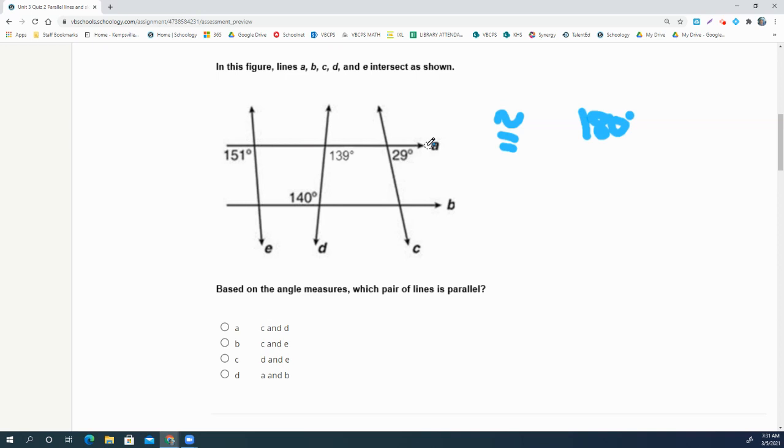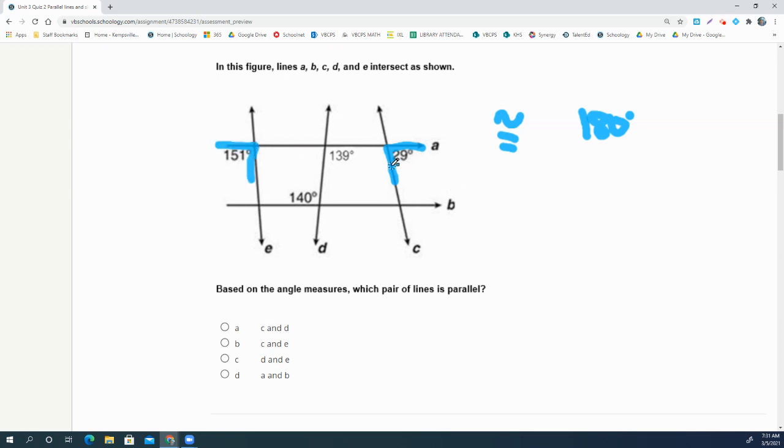Which two angles equal 180? Absolutely. 29 and 151 add up to 180, right?